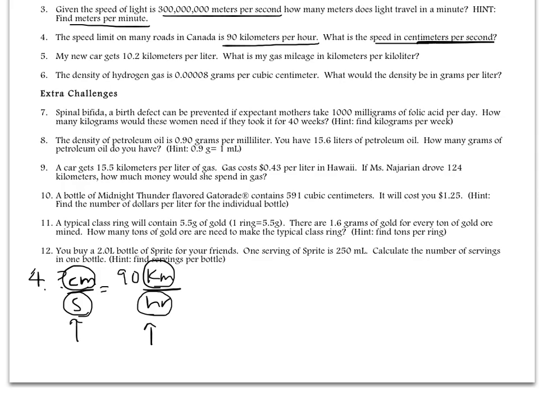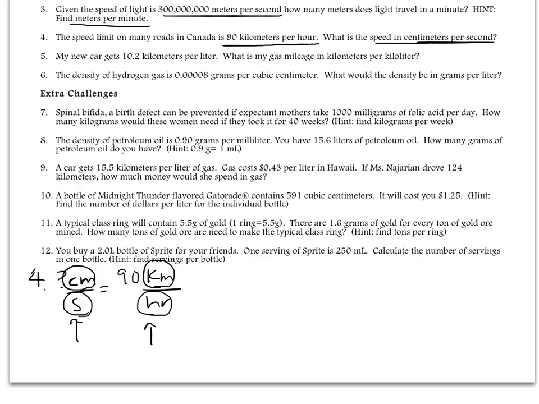So you really could start with either the top or the bottom, but you need to do one at a time. Because what a lot of you are going to do on problems like this is you're going to search your conversion table trying to find a conversion that says how many kilometers per hour are equal to centimeters per second. And that's not going to happen. You don't have any top and bottom units in your conversion table.